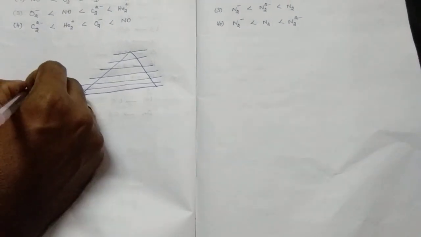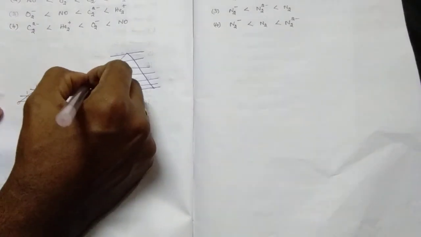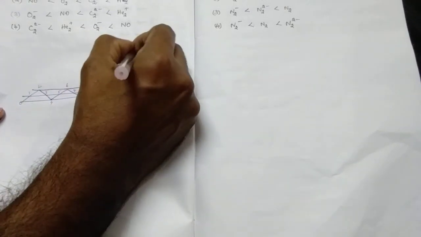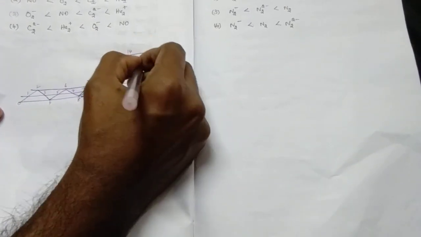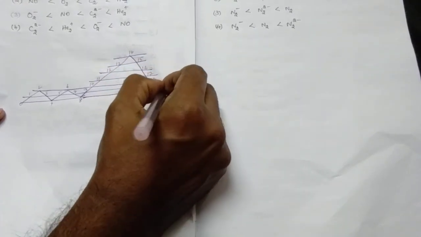Then start from here: 0, 1, 2, 3, 4, 5, 6, 7, 8, 9, 10, 11, 12, 13, 14, 15, 16, 17, 18, 19, 20.